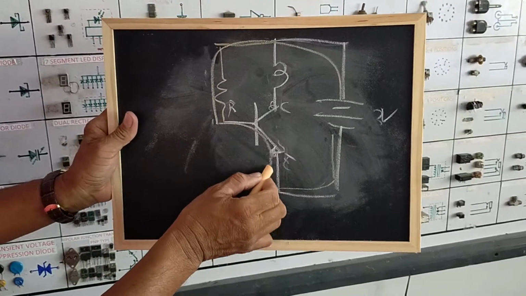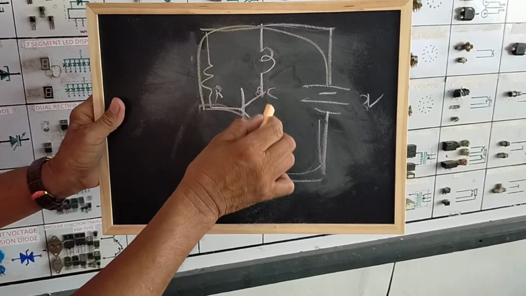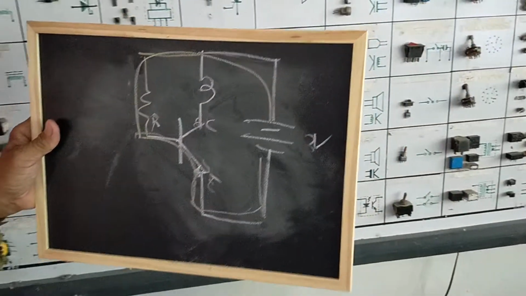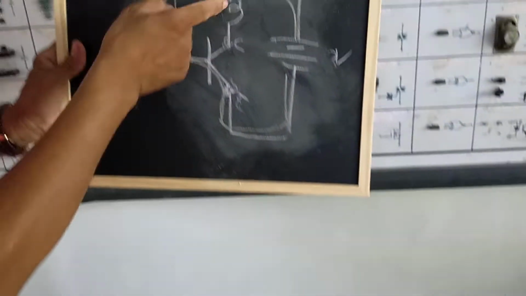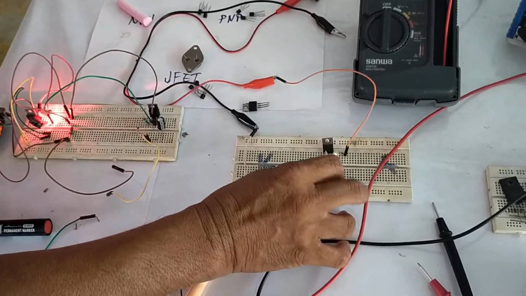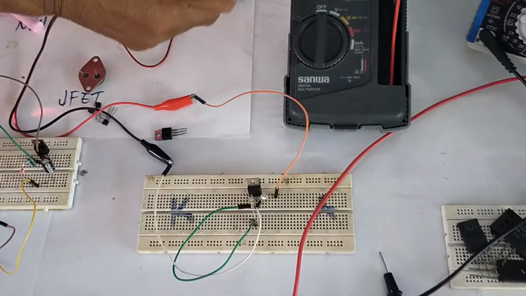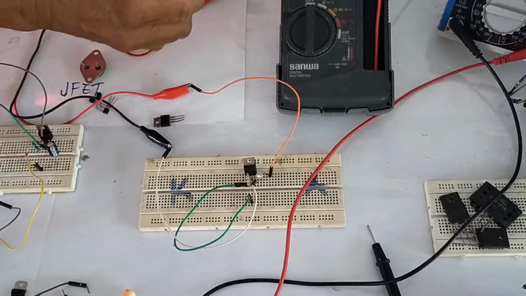If there is emitter base current, then the resistance of this collector and emitter will become very low. And the bulb will glow. Okay, let us prove. Connect the bulb here to this battery.